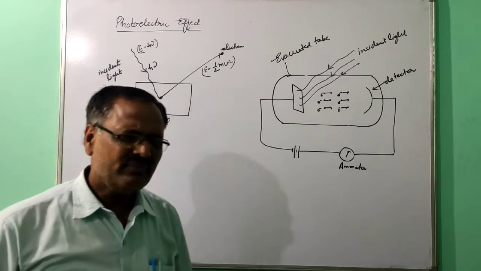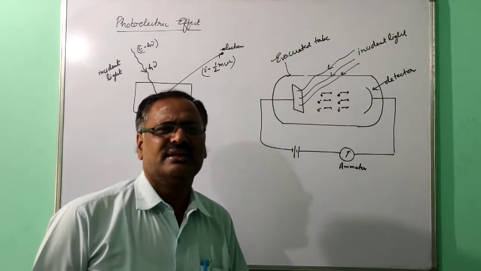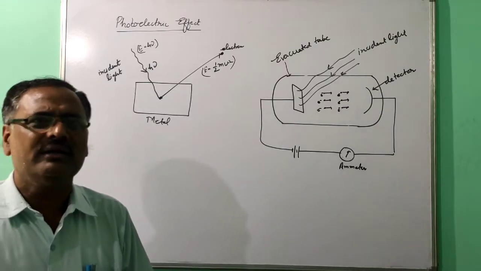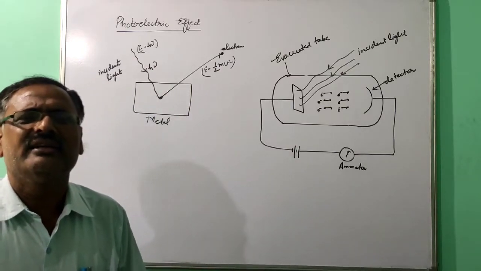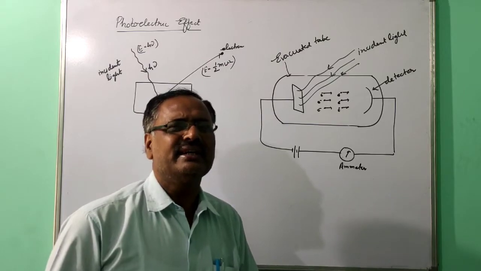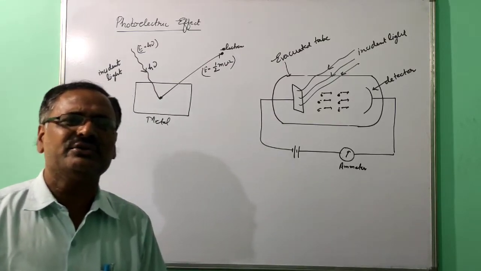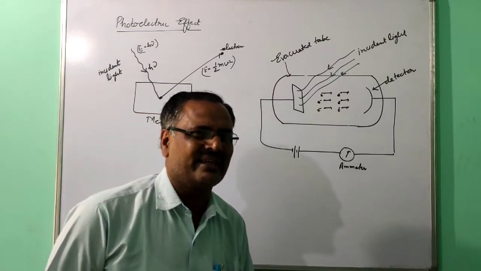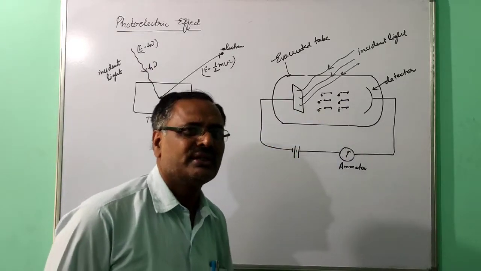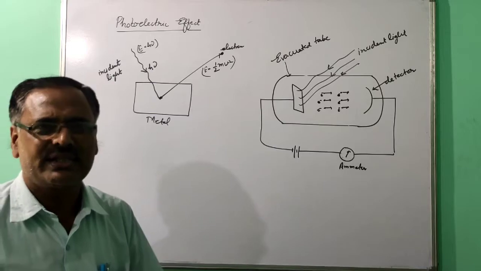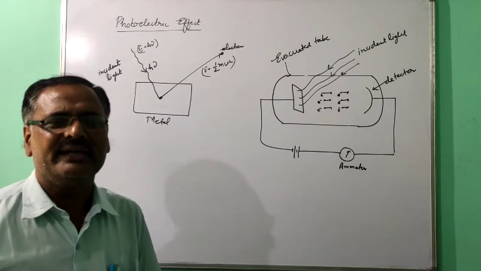All metals can emit electrons, no problem at all. But the metals potassium and cesium can lose electrons easily, and these metals are used in photovoltaic cells. So for the photoelectric effect, we use such types of metals which can emit electrons easily.